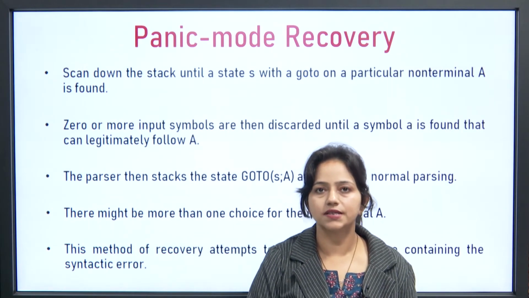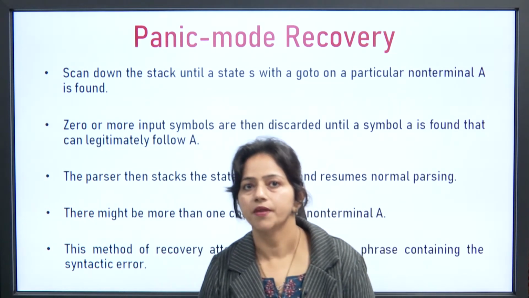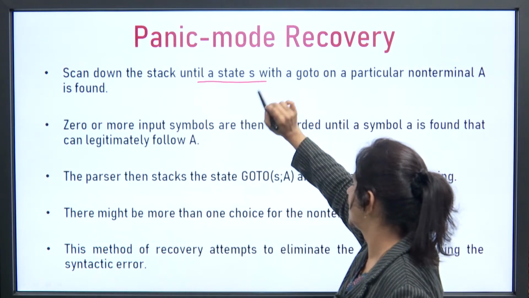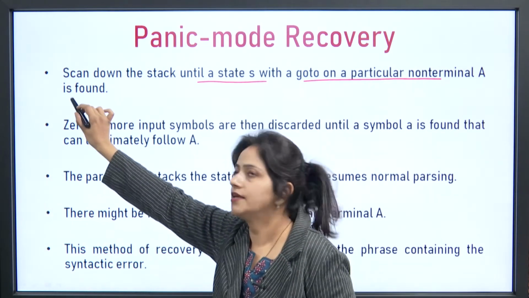Now, we will discuss a panic mode recovery scheme for LR parsers. Here again we will scan down the stack until a state S with a goto on a particular non-terminal A is found.